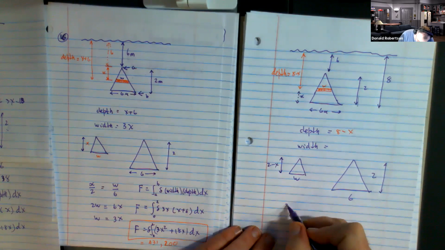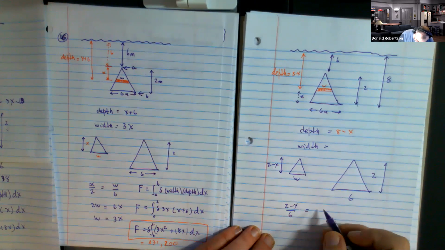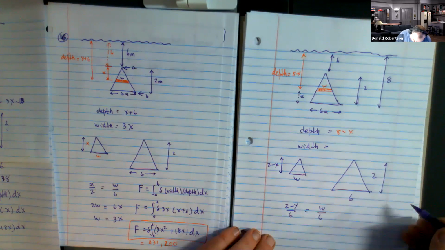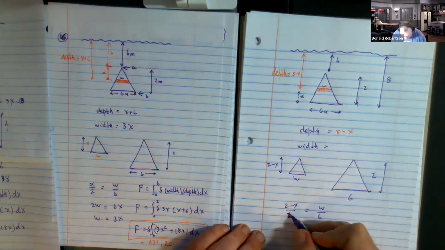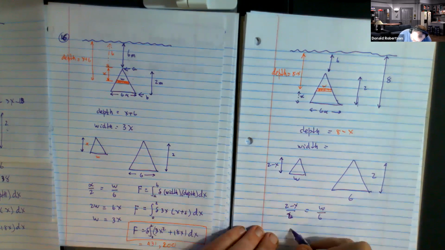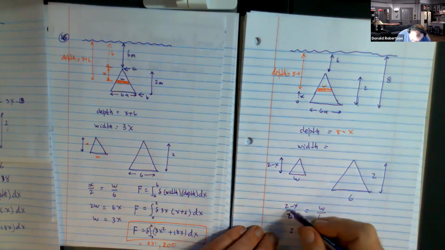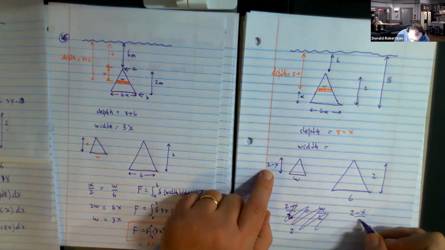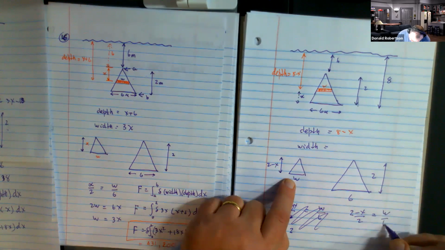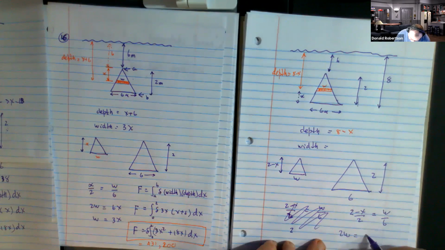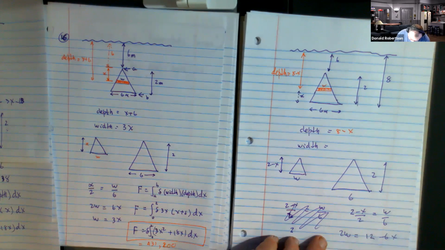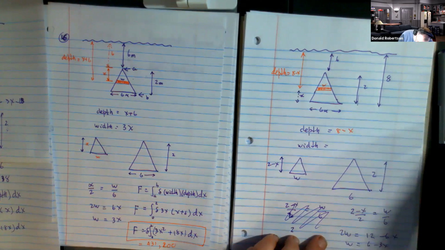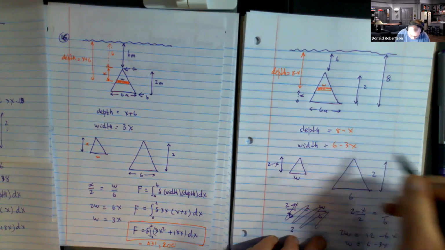So if you match corresponding sides, you get, let's try that again, 2 minus x over 2 equals w over 6. So 2w is 12 take away 6x. That makes w 6 take away 3x.